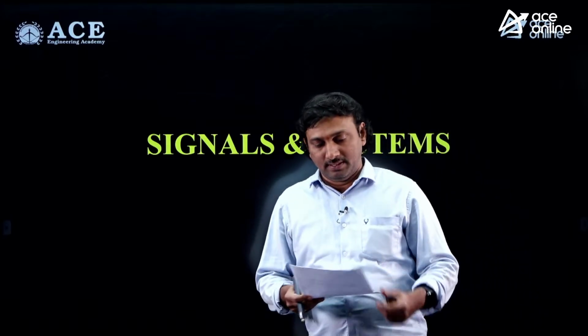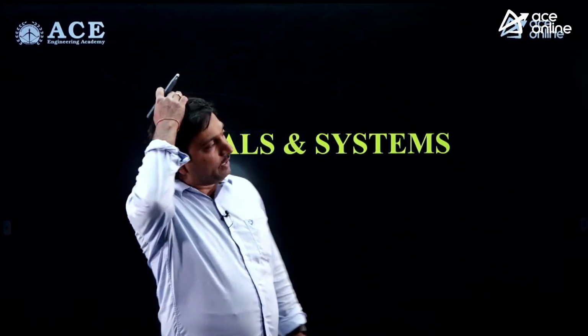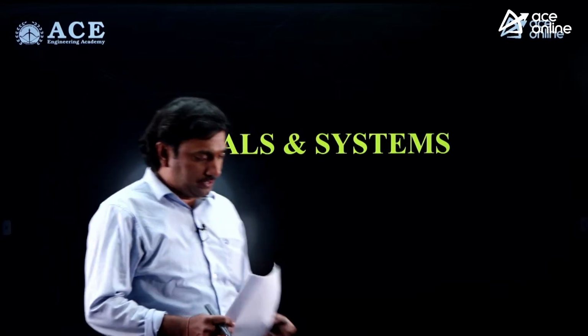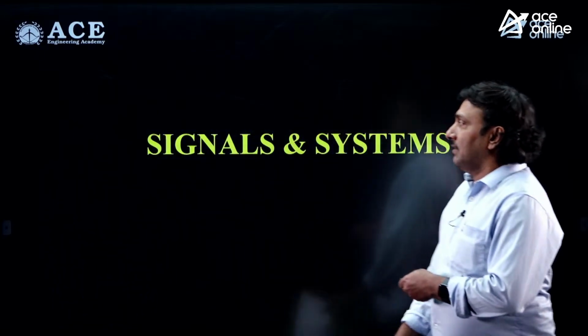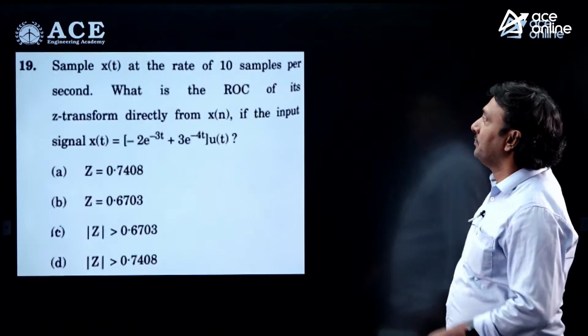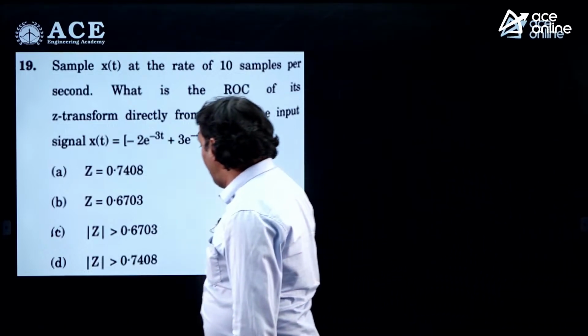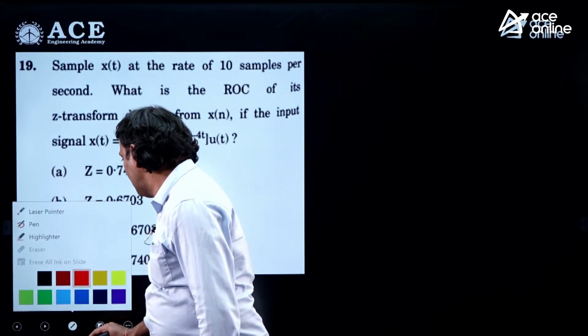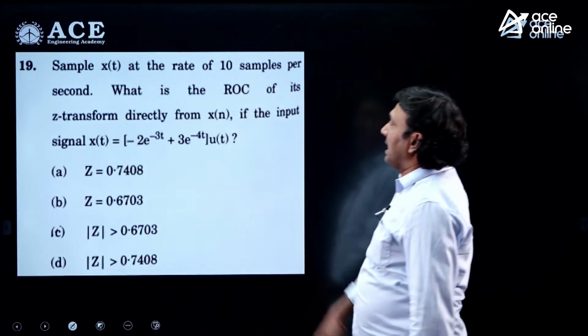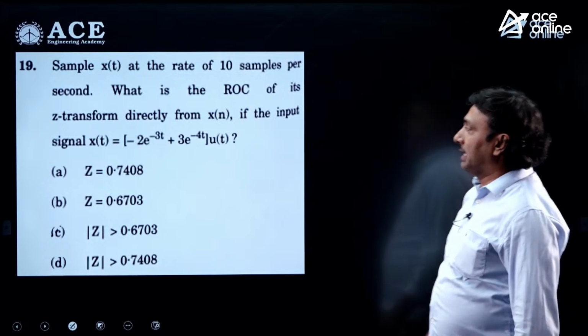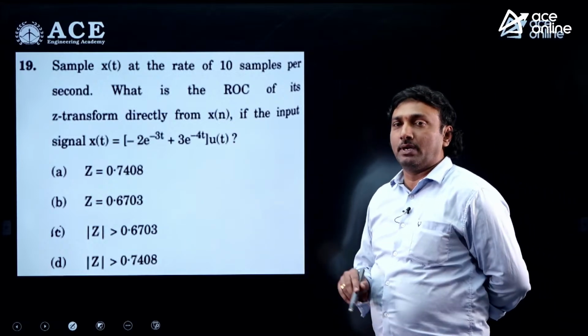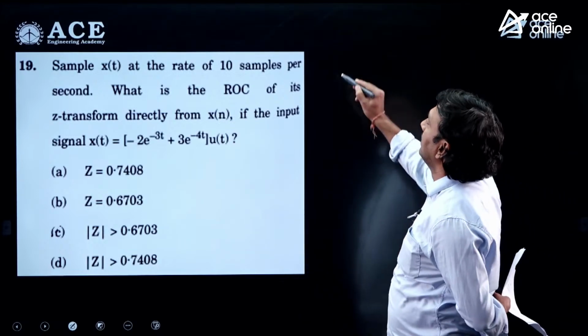Hello everyone. This year in ESE we got around 11 questions on signals. Let us see the models. A continuous signal is sampled at the rate of 10 samples per second. What is the ROC of the Z-transform of the respective discrete signal? First you have to convert the continuous signal to a discrete signal.